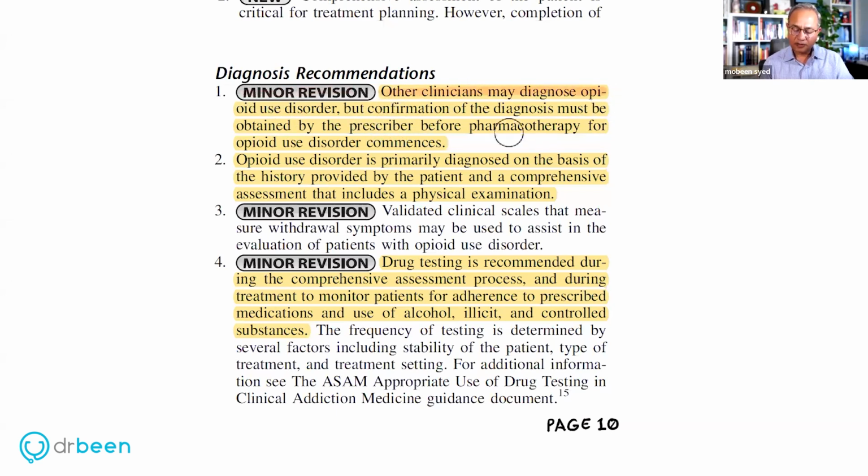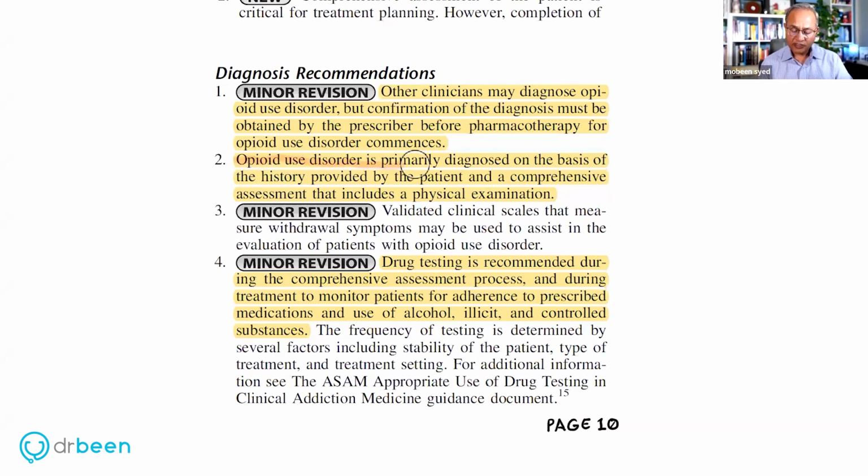Other clinicians may diagnose opioid use disorder, but confirmation of diagnosis must be obtained by the prescriber before pharmacotherapy for opioid use disorder commences. What they're saying is that imagine a patient comes to you and somebody else had diagnosed them for opioid use disorder. You should not just start, being a prescriber, you should not just start prescribing the treatment. In fact, you have to get your own diagnosis.